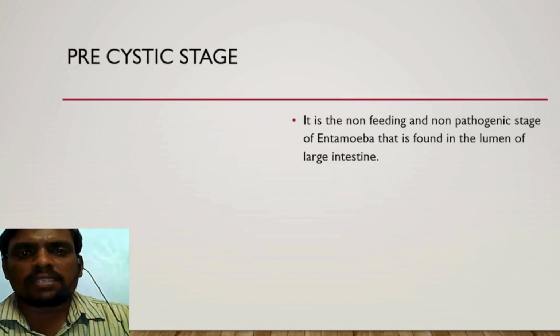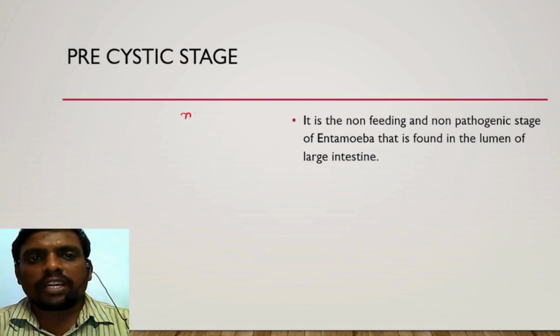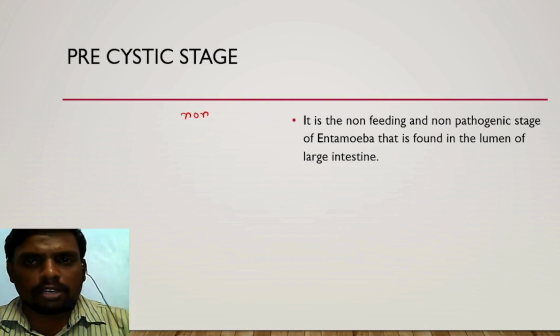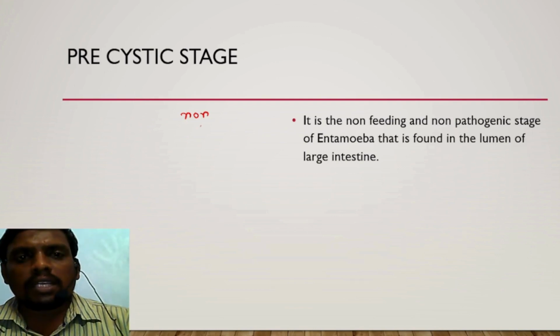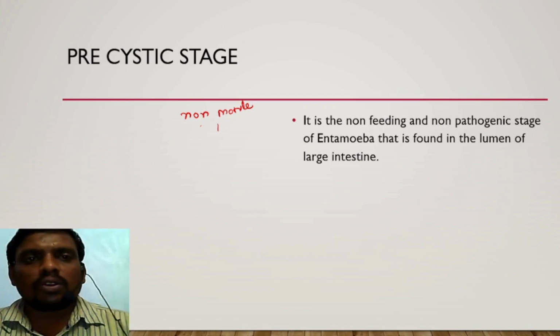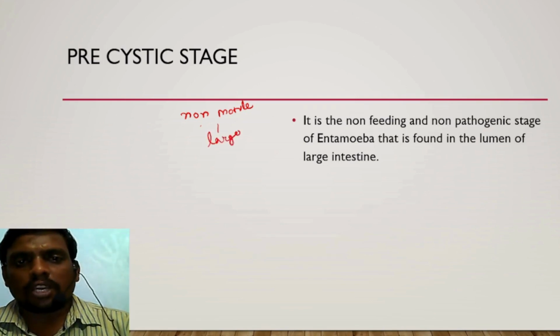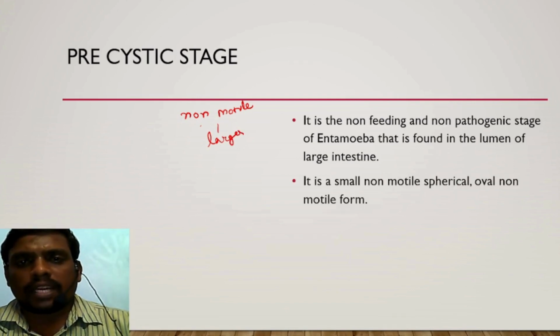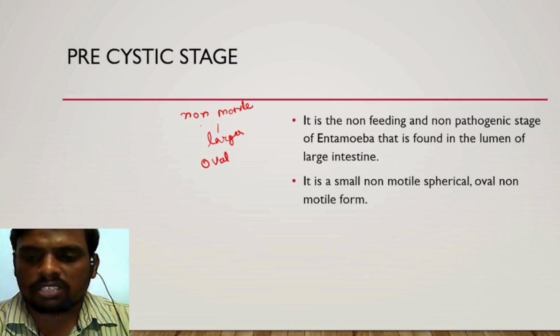Let us see the precystic stage, the non-feeding, non-pathogenic stage of Entamoeba. It is a non-motile and non-feeding stage. It lives in the lumen of the large intestine. It is a small, non-motile, spherical or oval shaped structure.